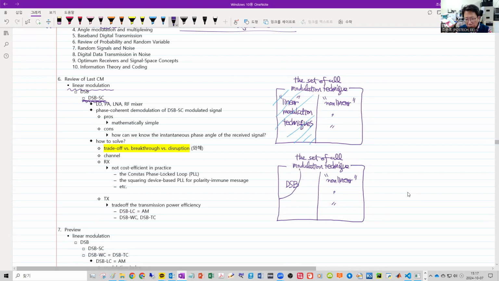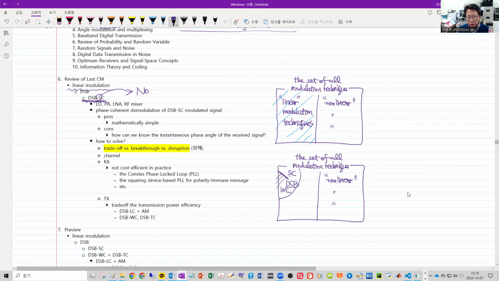Let me divide it into two. So here, DSB suppressed carrier. Here, suppressed means no carrier. You may say that there is a carrier, of course, not that carrier, I mean. You will see after we study double sideband with carrier. So suppressed carrier and with carrier.